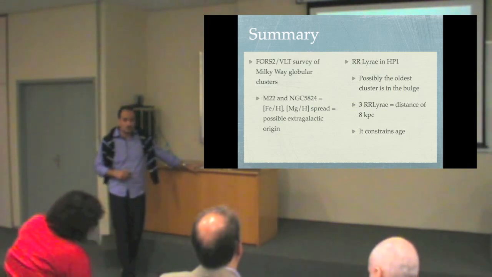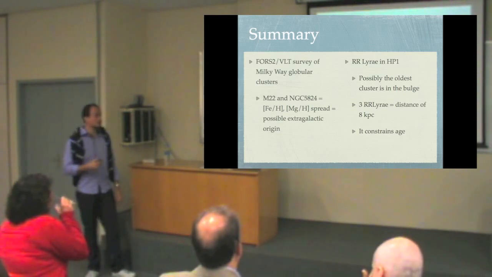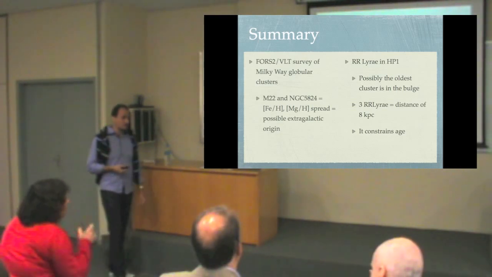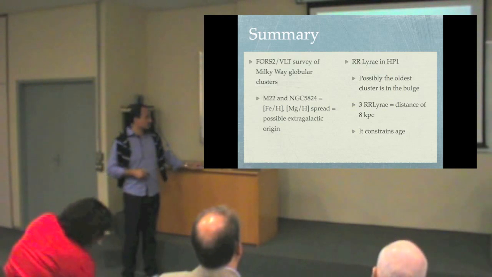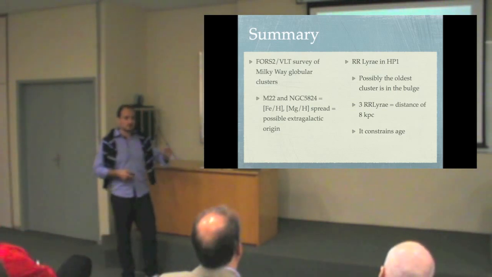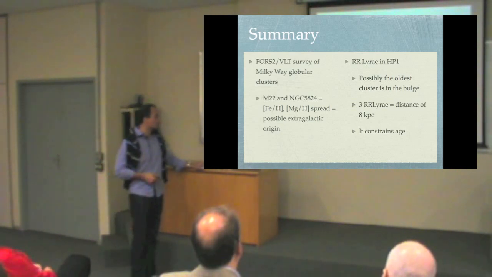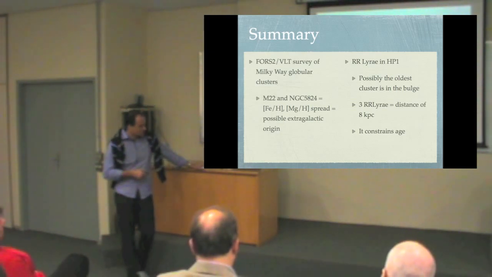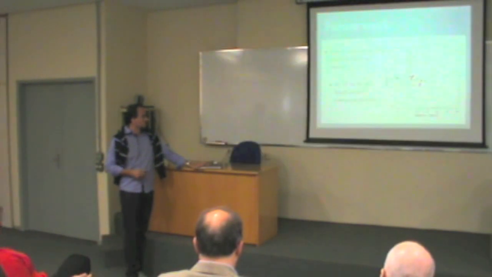And we observed also some variable stars in HP1, the bulge cluster. That's a candidate to be the oldest cluster in the bulge, with a distance from us of 8 kiloparsecs, confirming that it's the inner part of the bulge, which constrains very well the age.